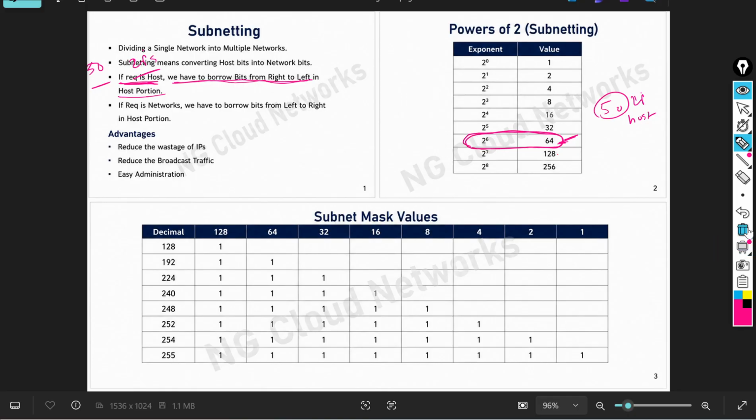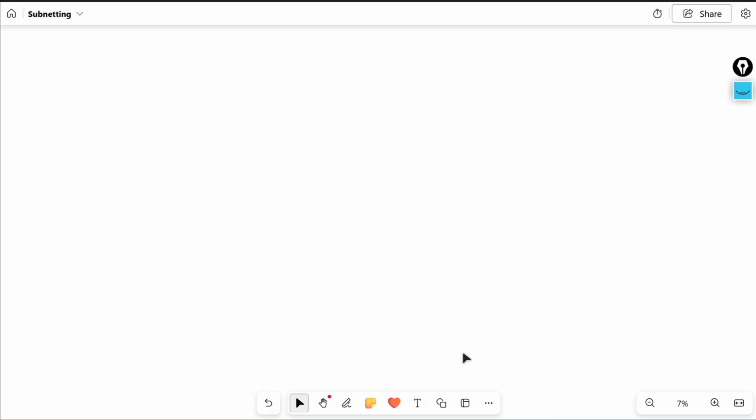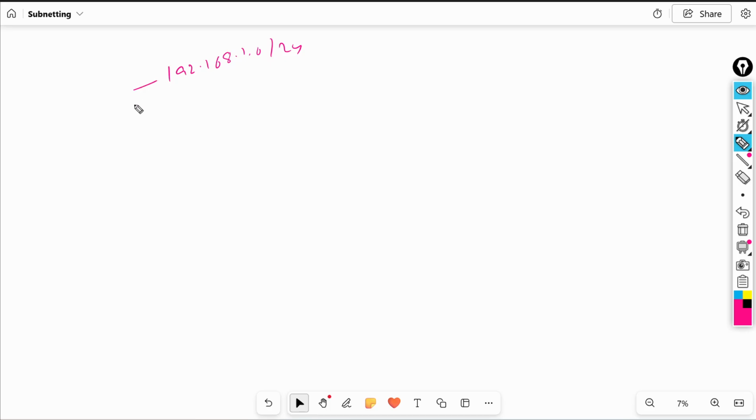So right to left means what? Now we are discussing this network, right? The network is 192.168.1.0/24. I want to divide this network for these three departments: Department A, Department B, Department C. Department A 50, Department B 30, Department C 10.